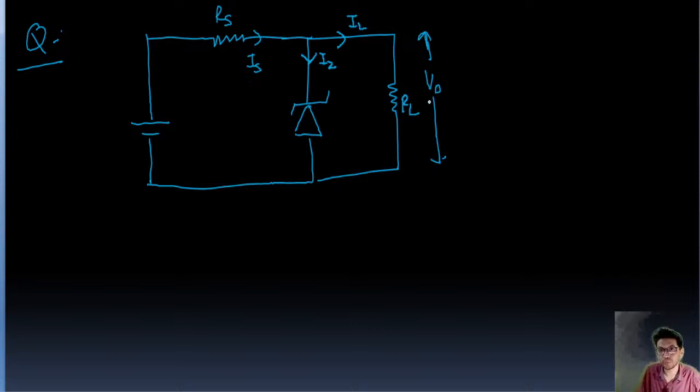This is the output voltage, V naught equal to ILRL. This is V naught.